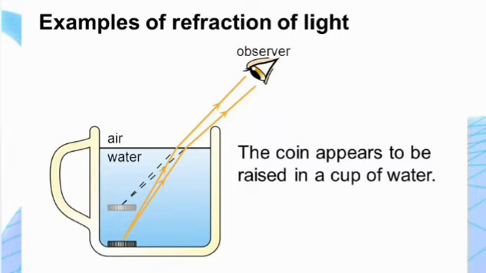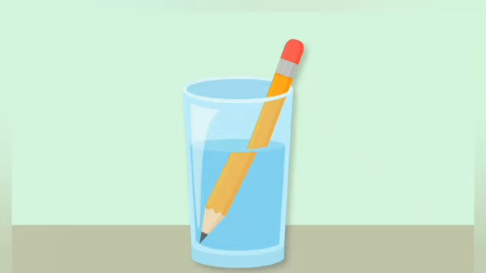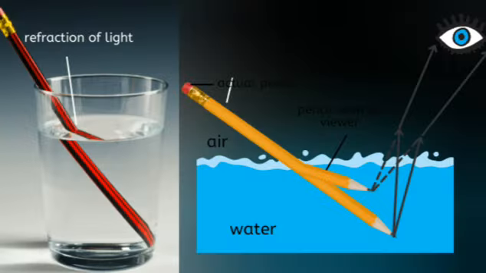Now, like I said, when you place your spoon inside the cup and you want to view it, you will see that one, the spoon will look as if it is bent. Then another thing is that you will see the spoon as if it is closer to you, even when you look at the depth of that cup.